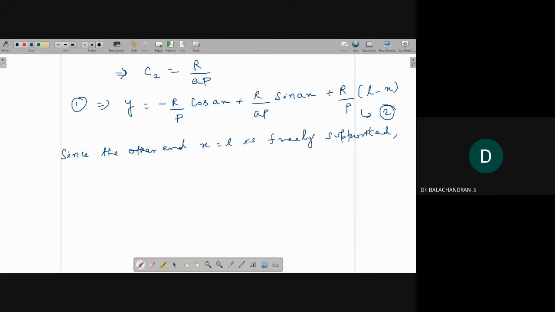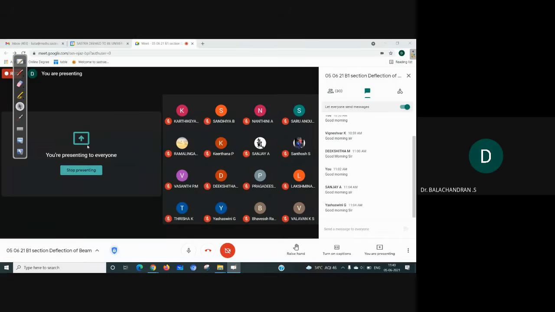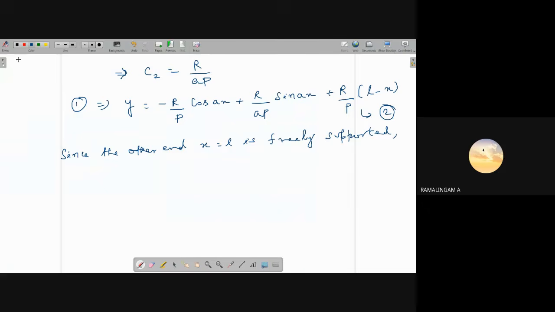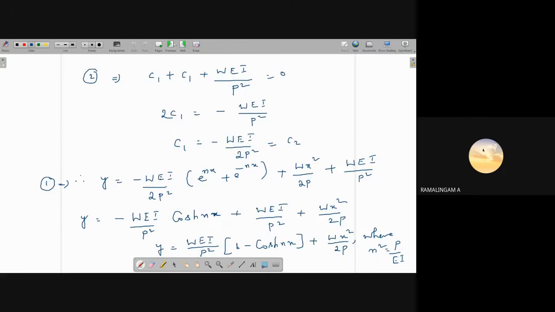So if it is freely supported, can anyone tell what is the condition? Ramalingam? Is Ramalingam there? Yes, sir. If you know, you can tell, otherwise no problem. y double dash equal to 0 and y triple dash equal to 0. Check, Pallama. Yes, sir.